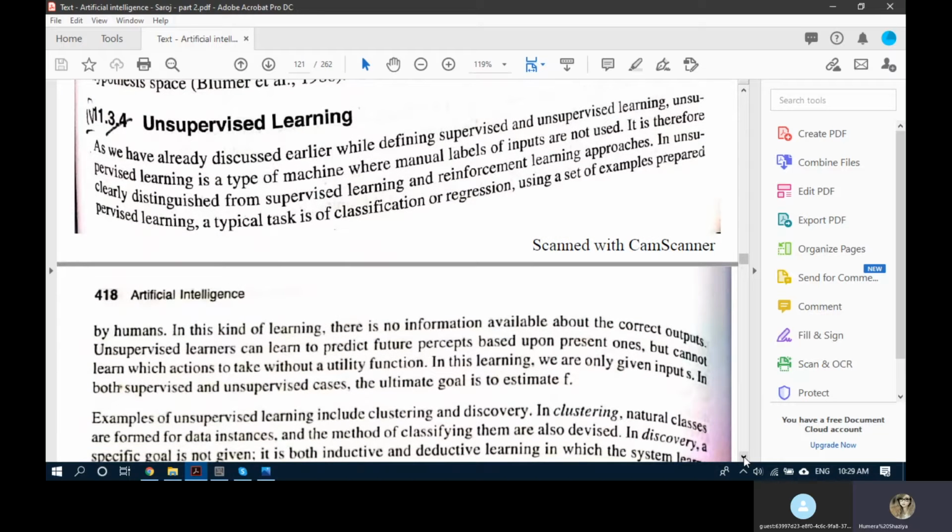Coming to unsupervised learning. Unsupervised learning, as I told you, does not specify the output.